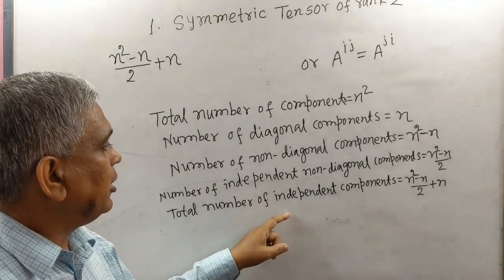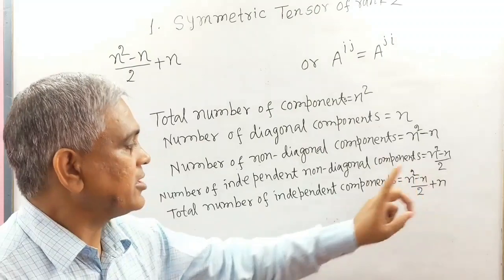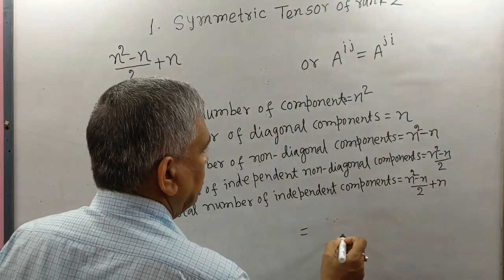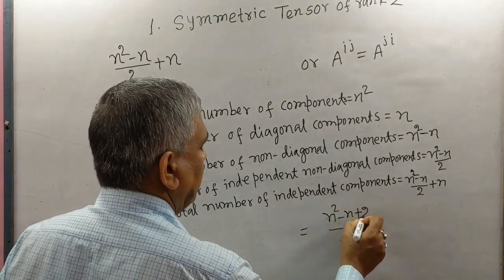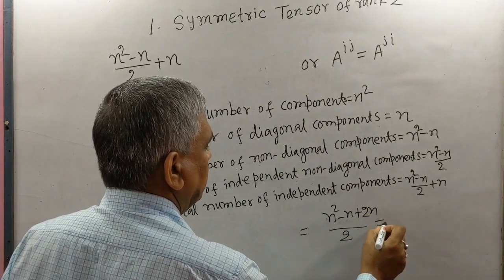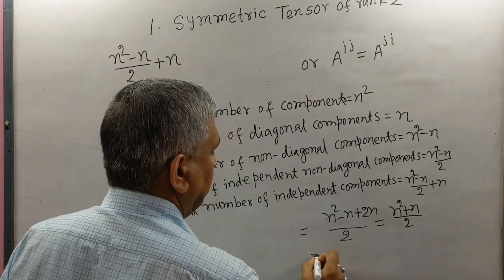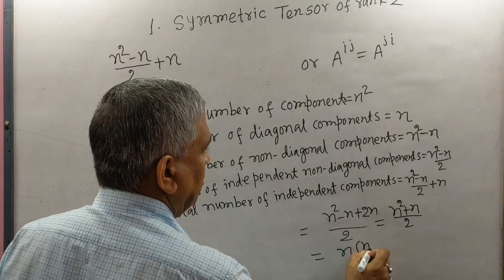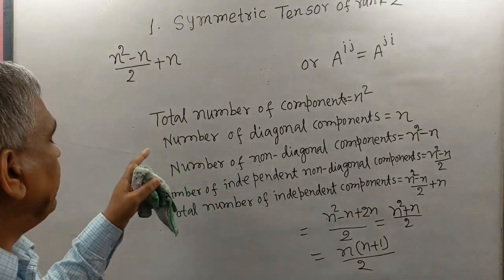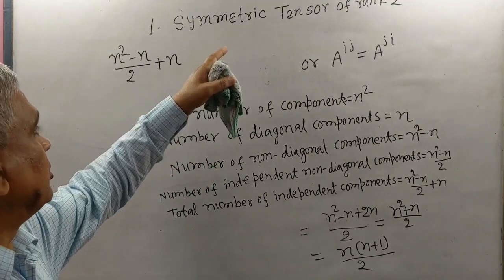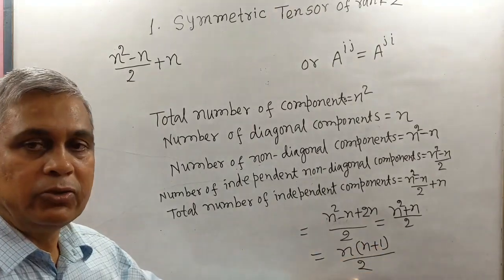That equals n square minus n plus 2n over 2, which equals n square plus n by 2, that is n into n plus 1 by 2. So the number of independent components in a symmetric tensor of rank 2 is n into n plus 1 by 2.